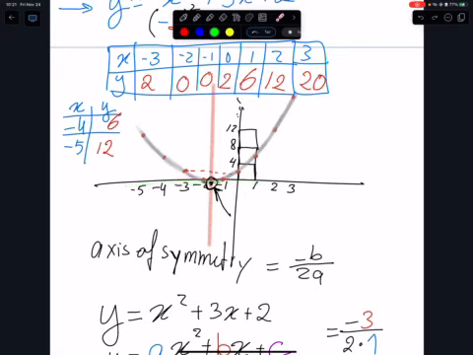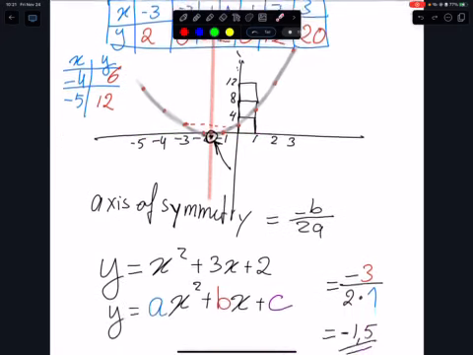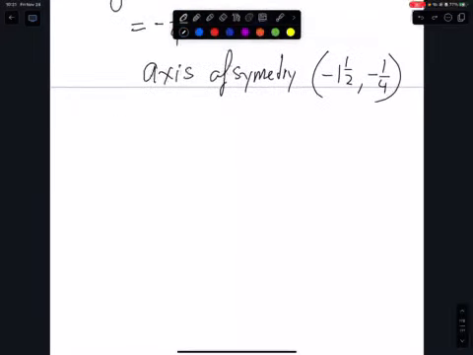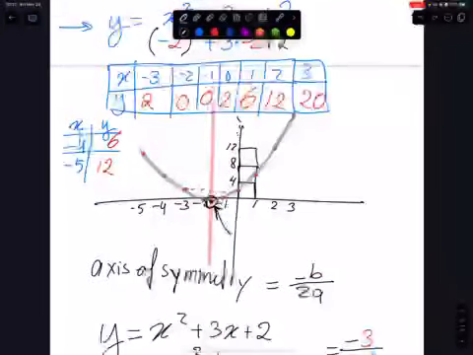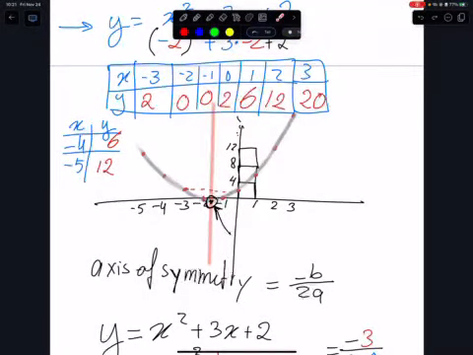Of course, you made a table, but in the exam you don't really get the chance to do it. But you have to understand that at the intersection with the x-axis, my y value is always 0.